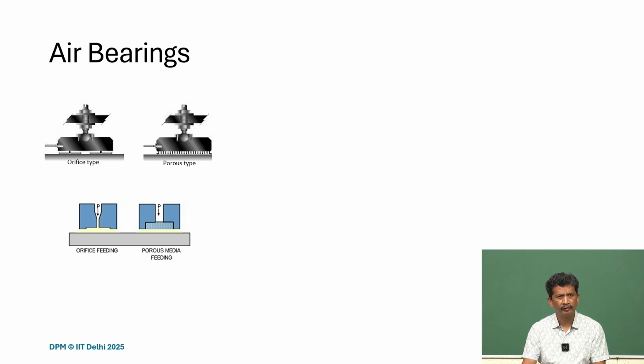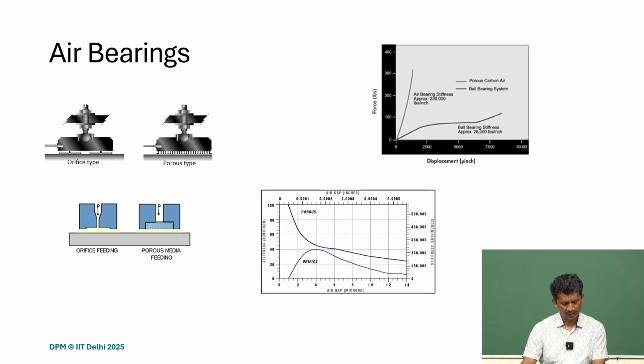So if we look at it closely, two things we'll be looking at. One is the load bearing capacity, and the other is the stiffness. If we look at the load bearing capacity, this is for the air bearings and this is for ball bearings, and the stiffness you can see.